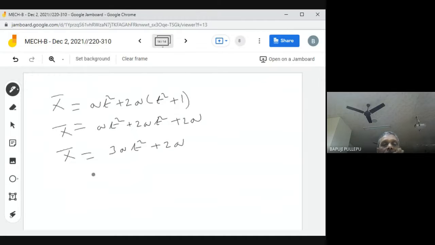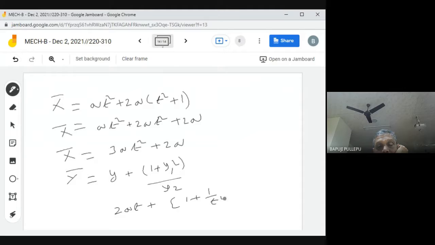Clear? Now find similarly y bar. What will I get for my y bar? Y plus 1 plus y1 square, whole by y2. What is my y? 2at. 2at plus 1 plus 1 by t square by minus 1 by 2a t cube.